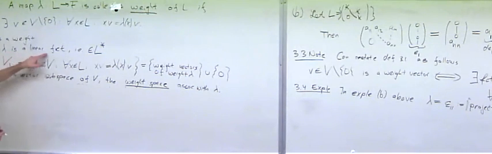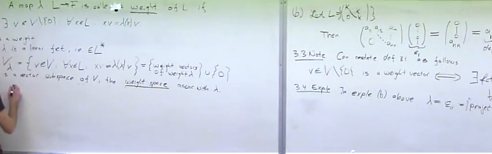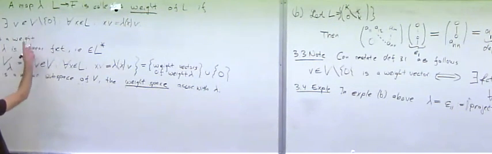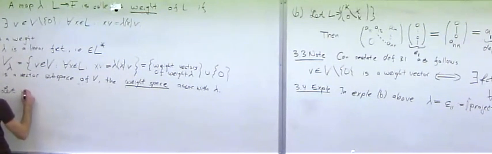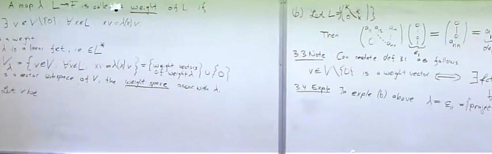So claim: lambda is a linear function. The first thing is to show that it's additive. We fix lambda a weight, and now we fix a corresponding weight vector.